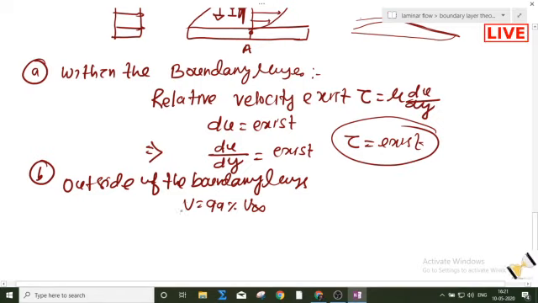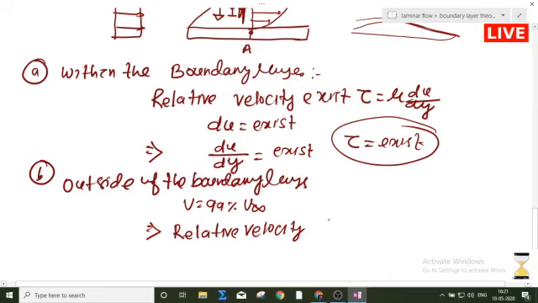So the relative velocity outside of this boundary layer is negligible, which means the change in velocity will be almost equal to 0.